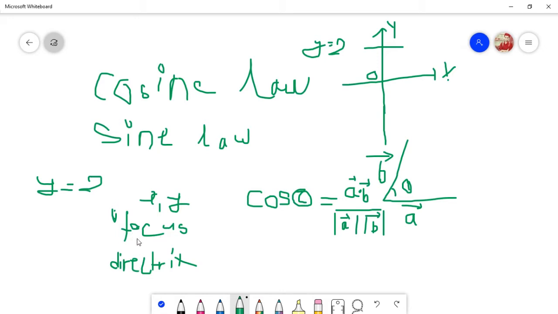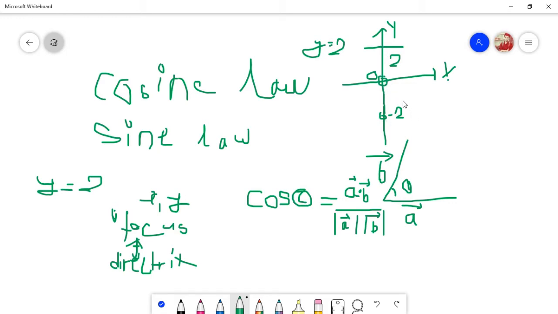So it touches the x-axis at the origin, and from the origin, the vertex, the directrix is at distance 2. So its focus should be at distance minus 2 from the origin, because the parabola passes through the origin and lies at the same distance from the directrix and focus.